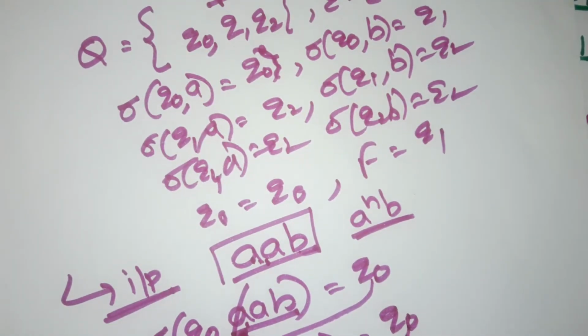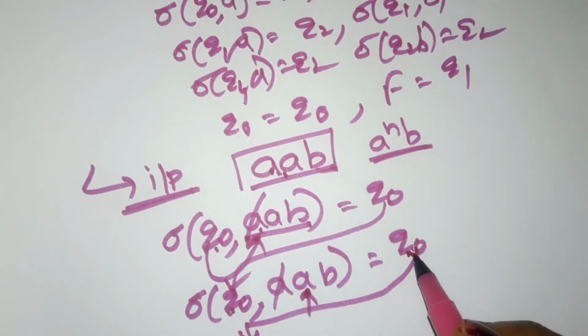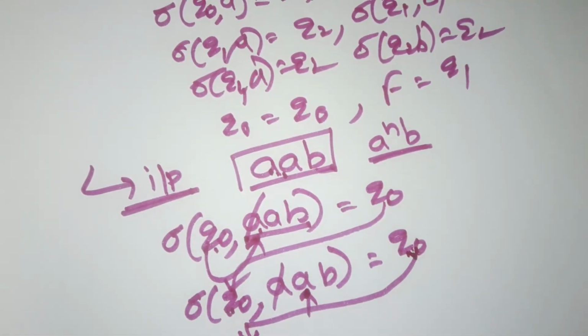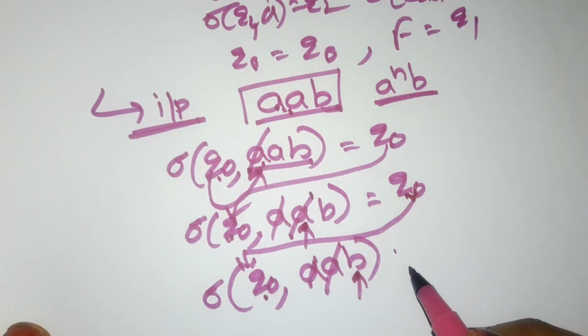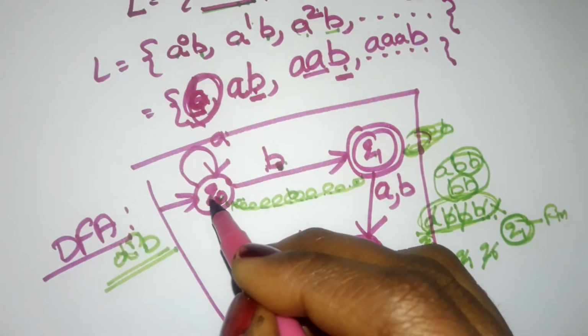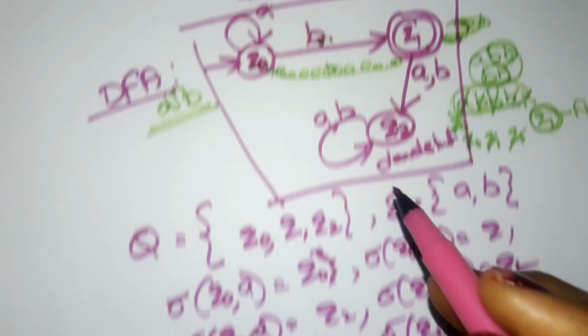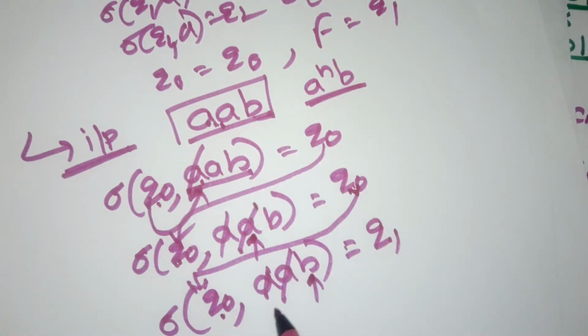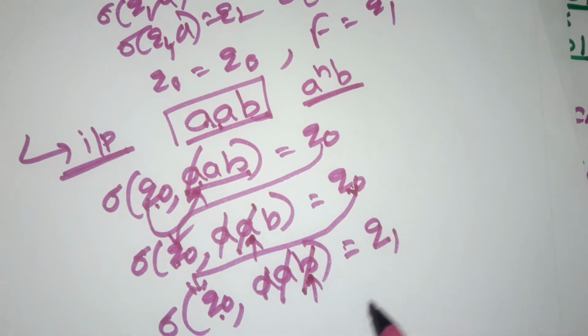Next, this is the present state q0, and the a's are already read, so the next input symbol is b. q0 on b goes to q1. This is also read.